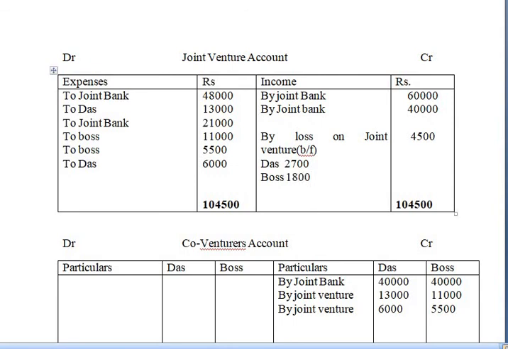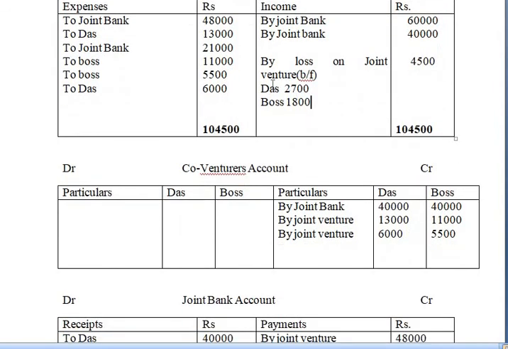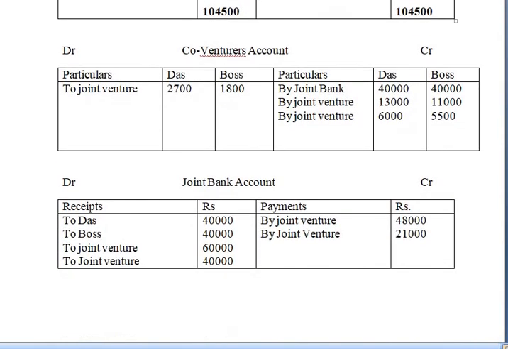Now cross posting. So here Das and boss is credited. So make a debit entry for Das and boss. So 2,700 for Das and 1,800 for boss, to joint venture account. Now make balance of co-venture account.